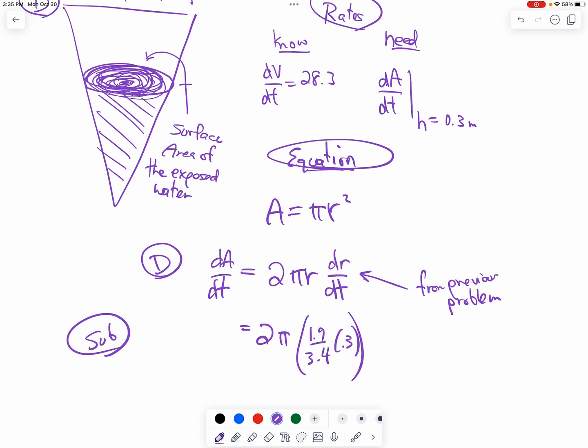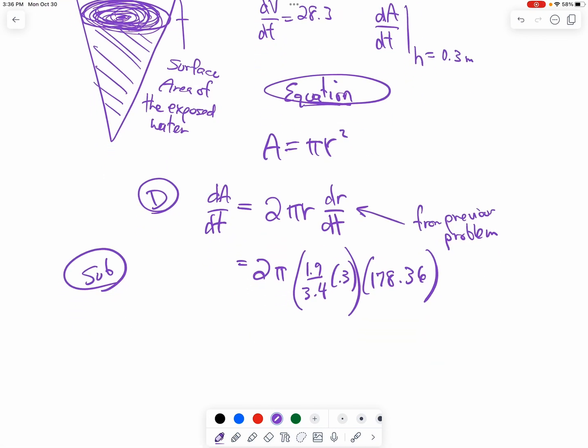That was around, I think I had 178.36. dA dt ends up being around 187. Two times pi times 1.9 times 0.3 times 178.36, all divided by 3.4, 187.85. Now this is surface area. It's a two-dimensional aspect. It's going to be square meters per minute.